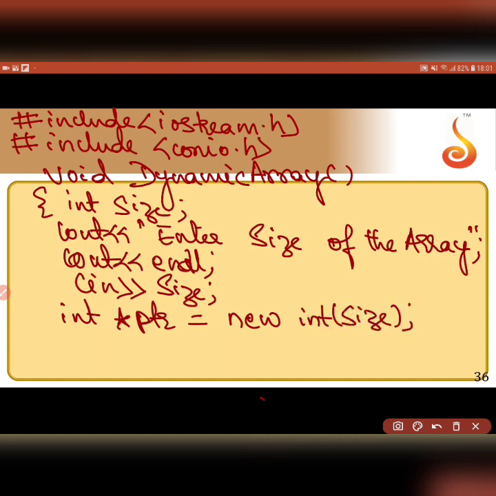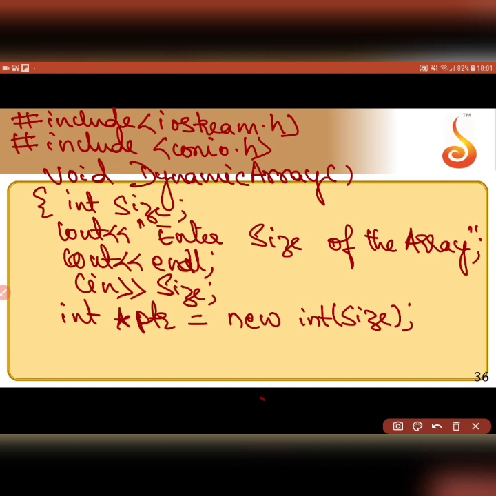So I'll say int star ptr. I'm creating one pointer is equal to new, which is the keyword for dynamically allocating memory. And from where will that memory be allocated? That memory is allocated from heap, int of size. So if I say size is 10, that 10 means for 10 integers, that is 20 bytes. If I say size is 100, then 200 bytes.